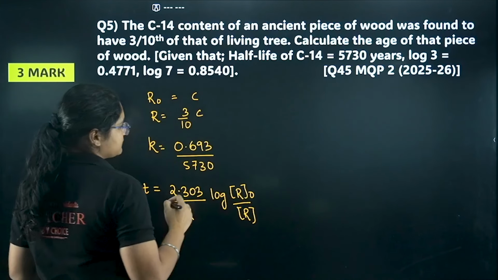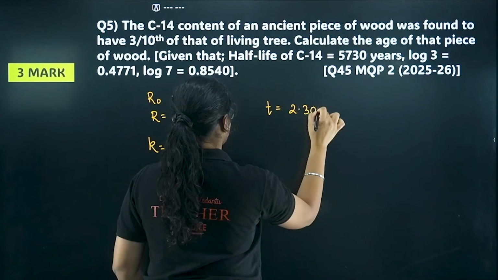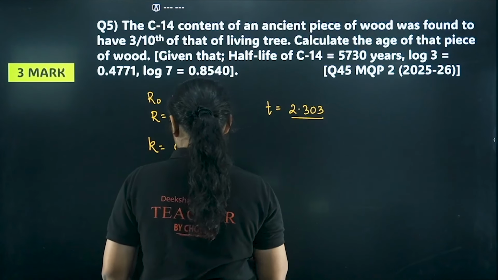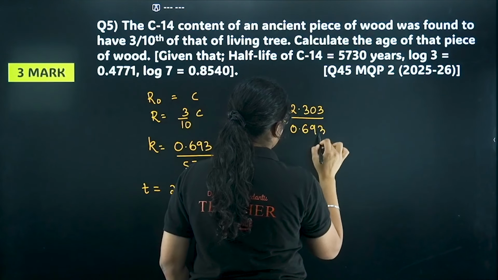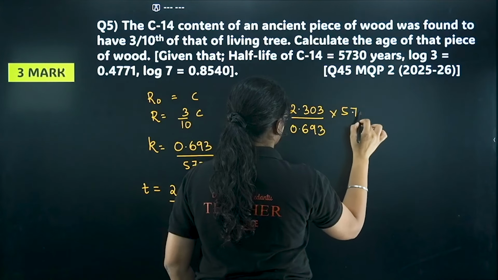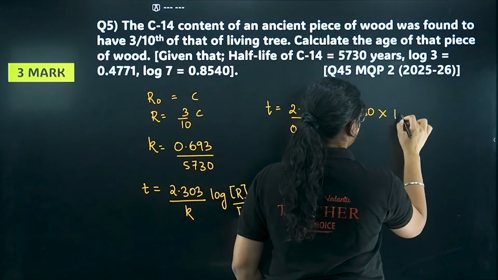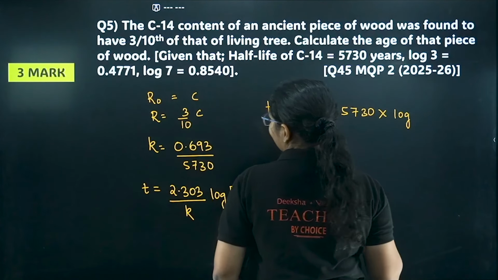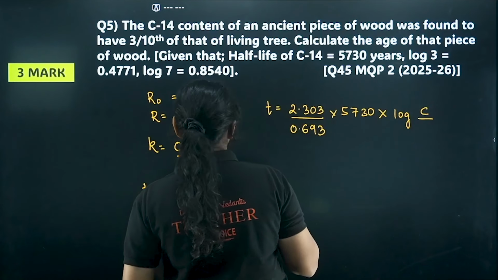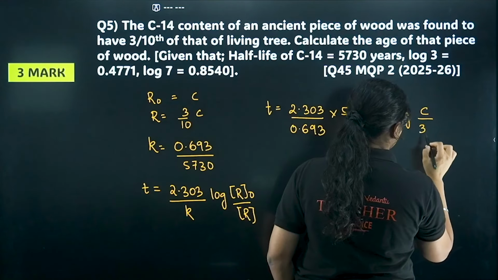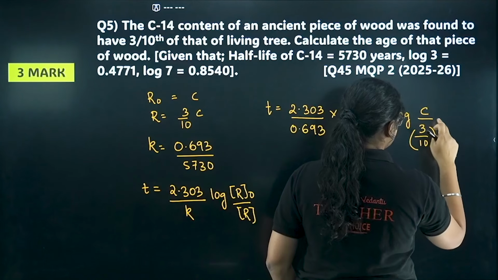Now if I substitute here, T will be equal to 2.303 by the value of K, 0.693 by 5730, into log of R naught by R. R naught value is C, and R value is 3 by 10 C. So C by 3C by 10 will become 10 by 3.